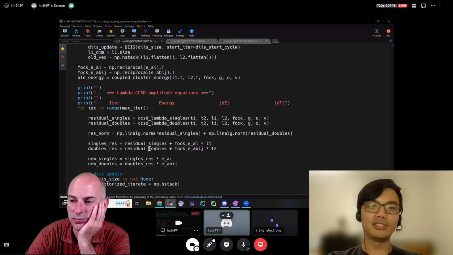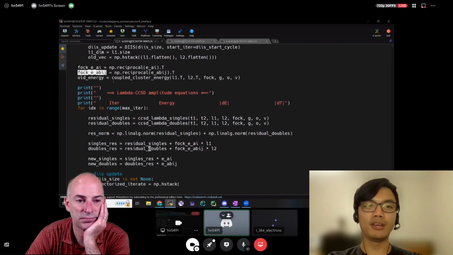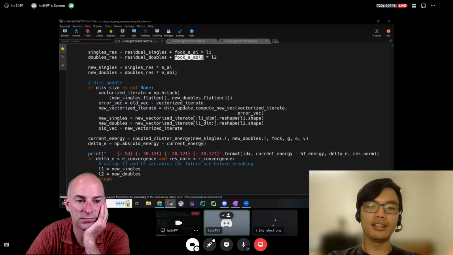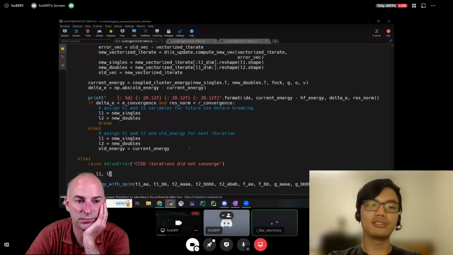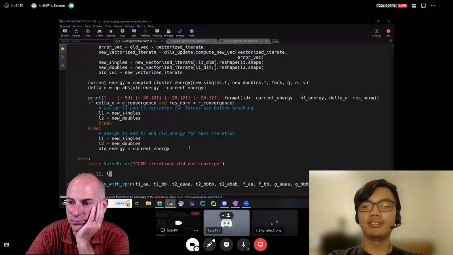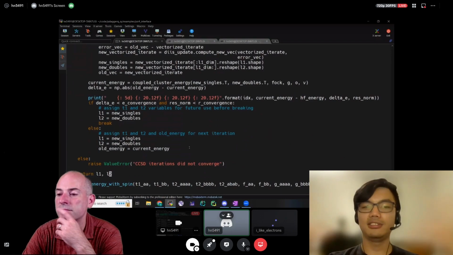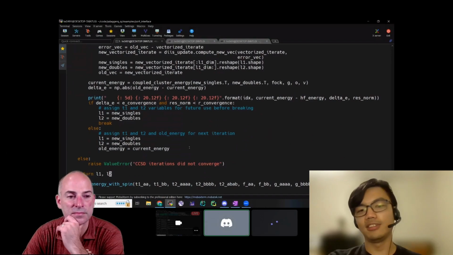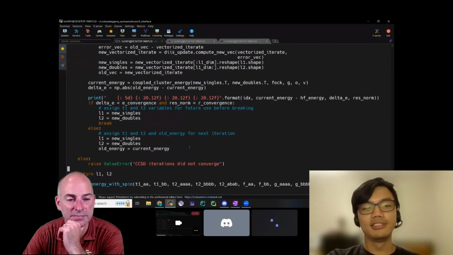I just have to make sure that all of my objects are shaped properly for lambda. And then this should spit out converged L1 and L2, and then pickety boom, just plug it into the M3, L3 denominator, get your energy correction. That's the part that I haven't done.